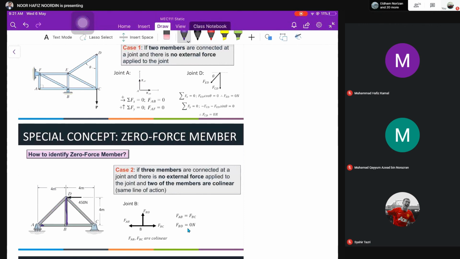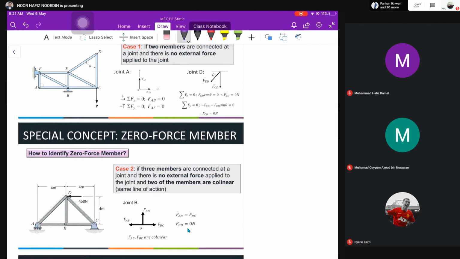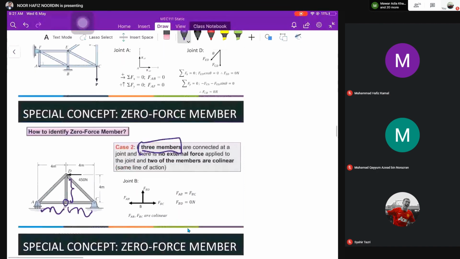Ini member ni. Nampak tak? A to B ni satu member, B to C satu, D to B tu satu. Maksudnya kita ada 3 members, connected at a joint. So connected at joint B, and there is no external force applied to the joint, and 2 of the members are collinear. Collinear ni maksudnya dalam satu line yang sama.